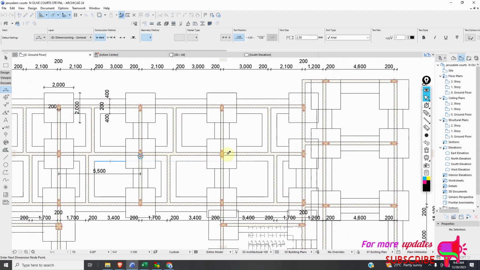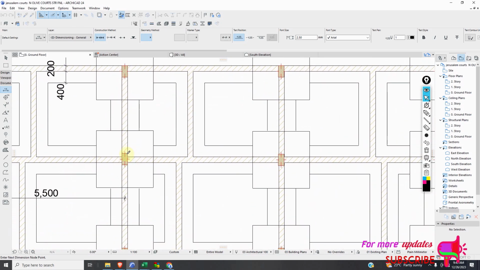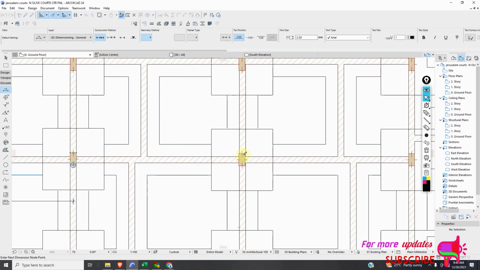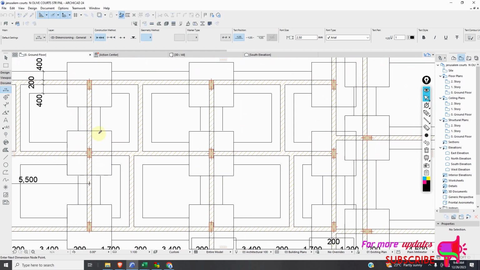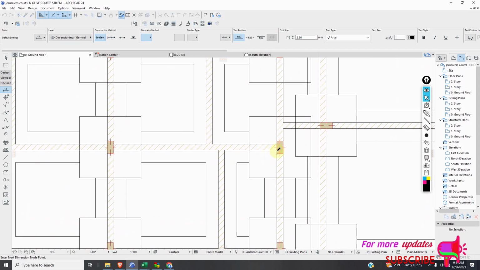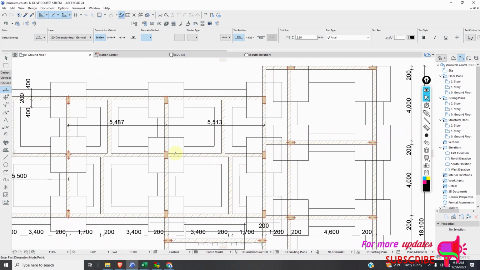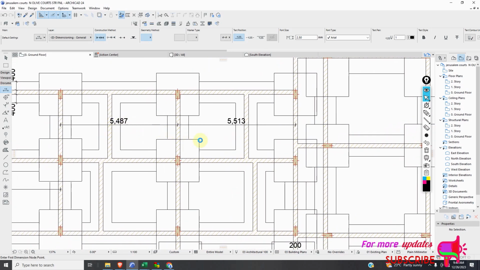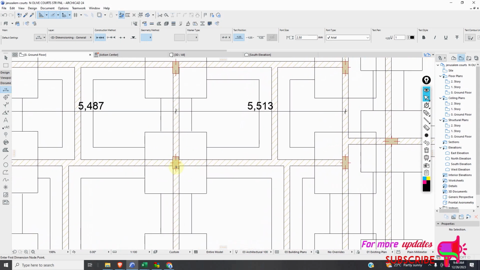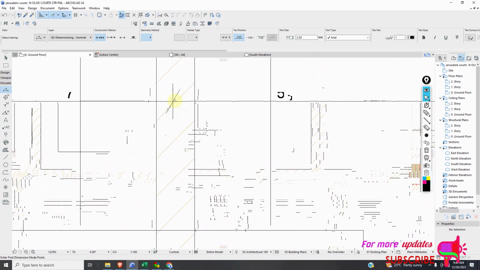Wait. So we are doing this column, right? So let's just measure the distance. These are not critical for this one. So yeah, I think it is just 5.5, because this column is not really in the center of this line.